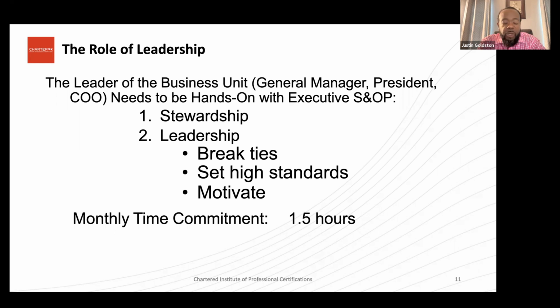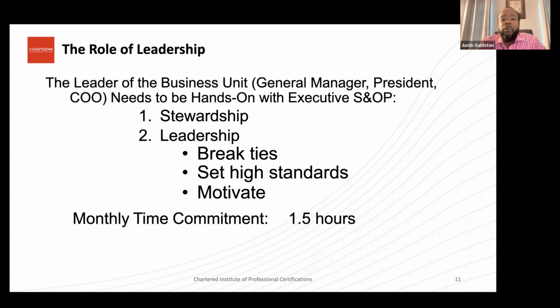The executive has to bring all department heads together and provide stewardship. Because there's going to be disagreements, the sales and marketing team is going to throw out all of these high level forecasts that may essentially be unattainable from a production perspective. They may be unattainable from a financial perspective.